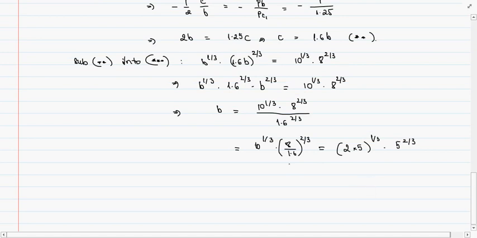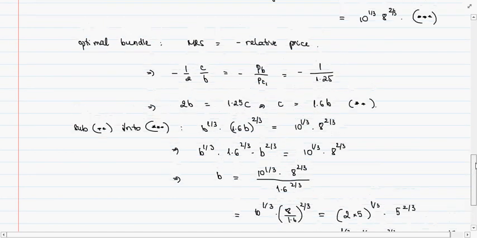Okay, and so 8 divided by 1.6 is just 5, and 10 is 2 times 5. So if I expand the bracket, I get 2^(1/3), 5^(1/3) multiplied by 5^(2/3), and so that is going to give me 5 times 2^(1/3). Okay, so that is the value of B.